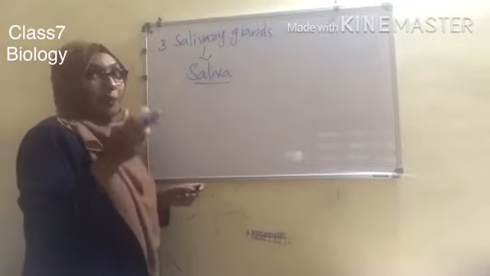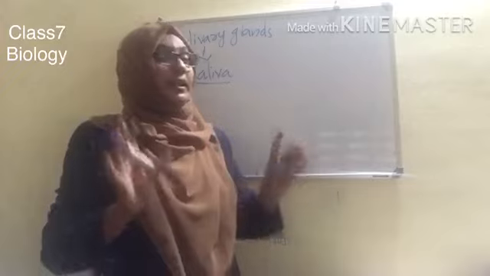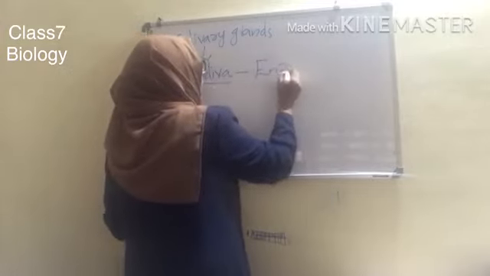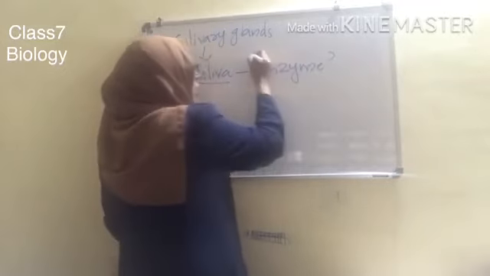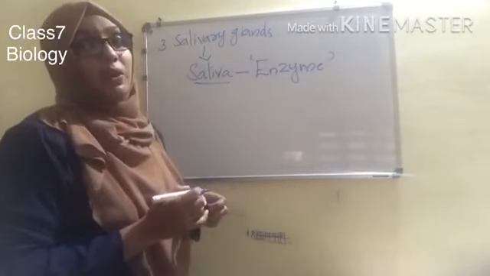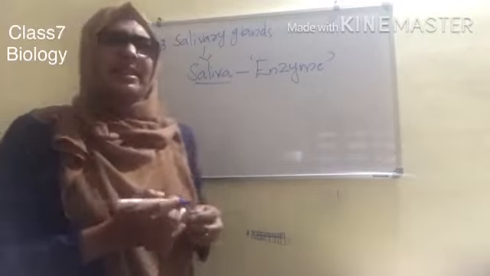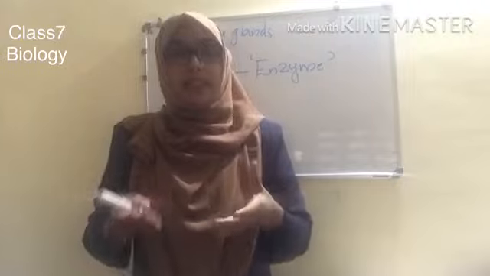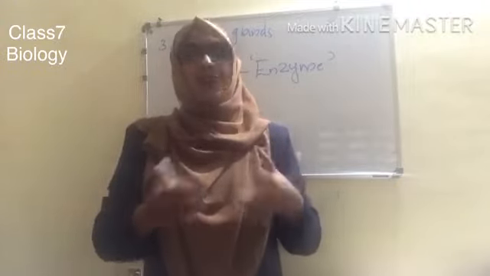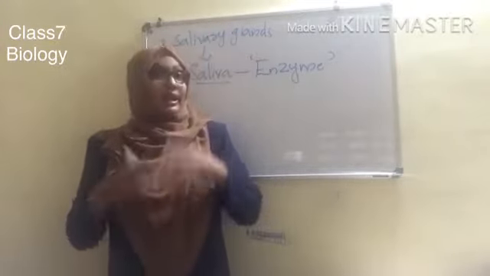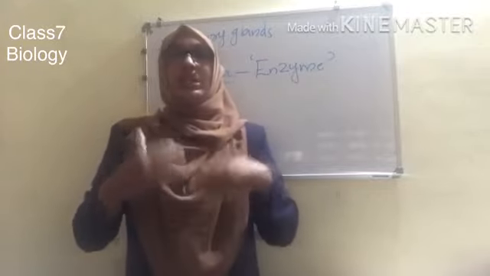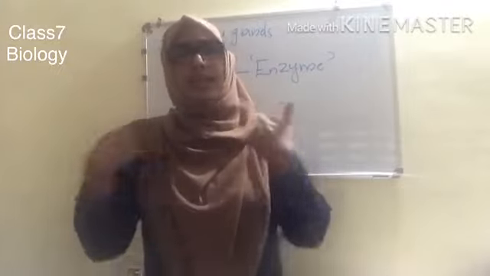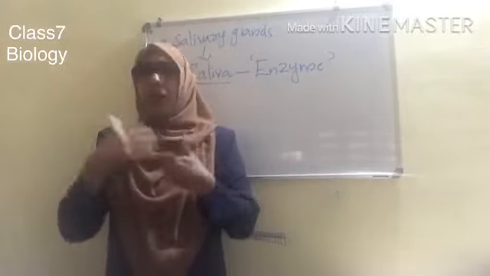And another important thing you are going to study, which is quite new. Saliva contains an enzyme. What is an enzyme? Enzyme is nothing but a substance which has the ability to speed up a chemical reaction. Many chemical reactions are going on in our body.